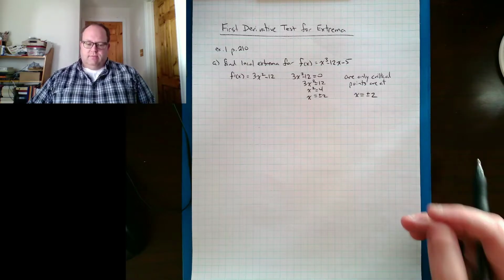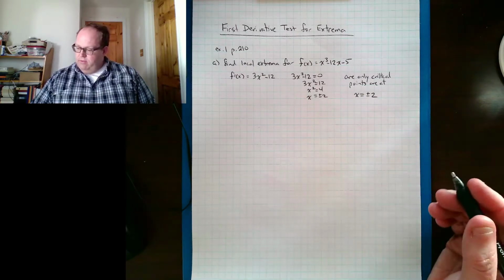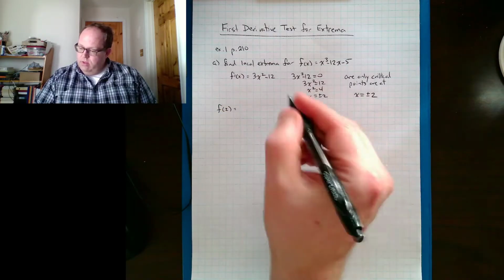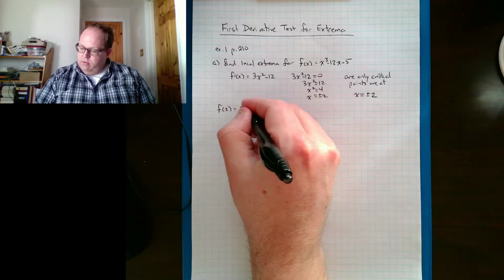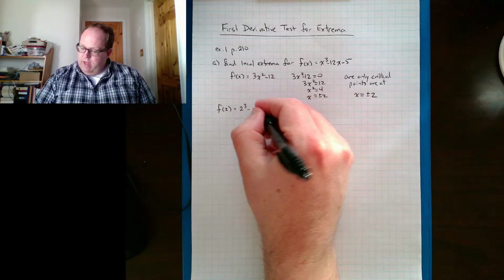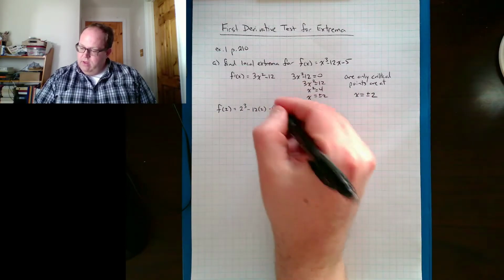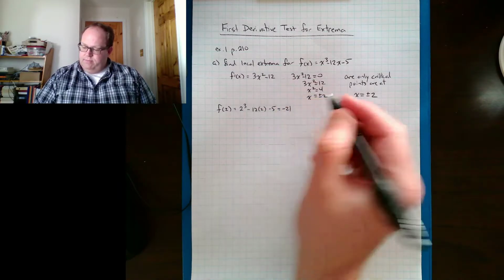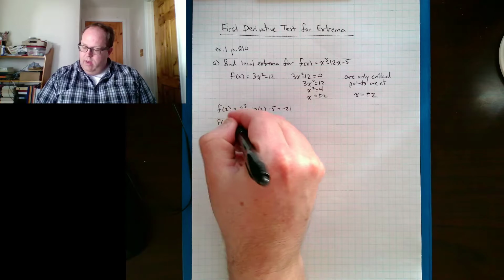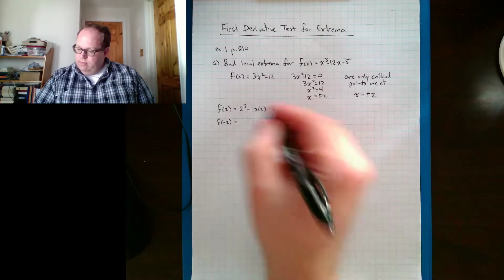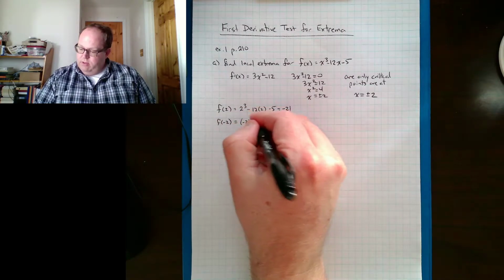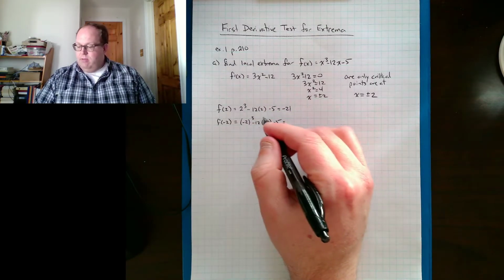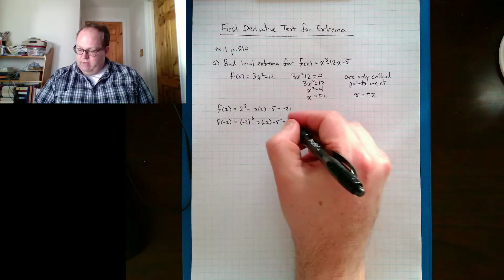Now, I can even go so far as to figure out what those values are. At 2, my value of my function is 2 cubed minus 12 times 2 minus 5, which is 8, 8 minus 24 is negative 16, minus 5 is negative 21. And at negative 2, I have negative 2 cubed minus 12 times negative 2 minus 5, which is going to be negative 8 plus 24 is 16, minus 5 is 11.